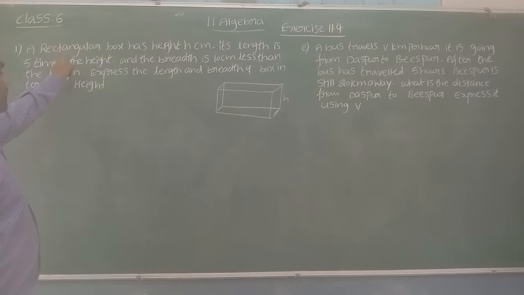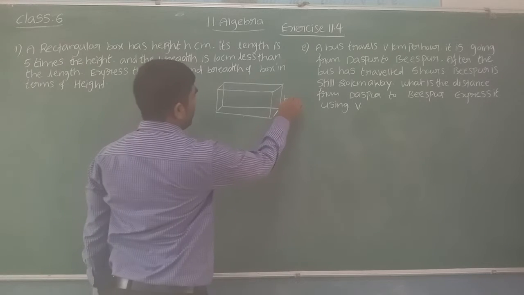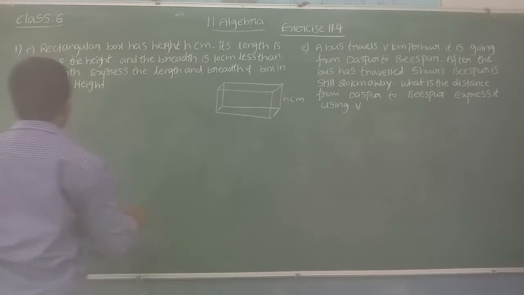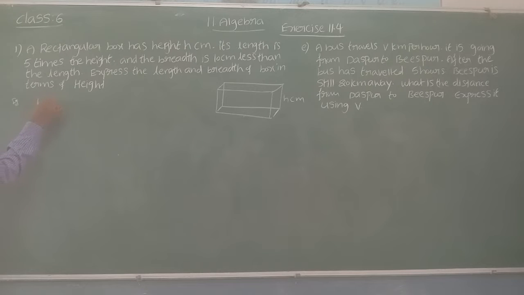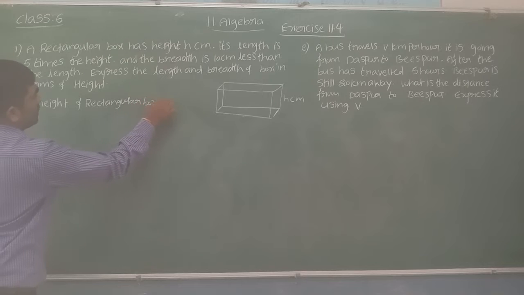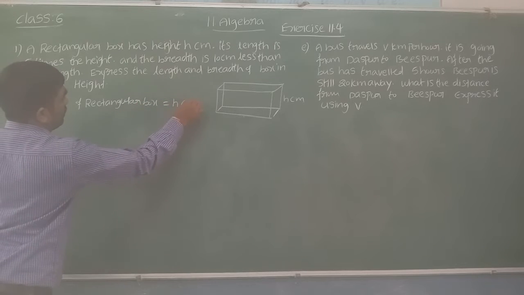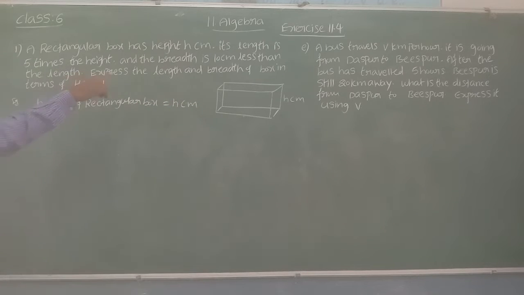In the question they said rectangular box has height h centimeter. What is the height, beta? h centimeter. We write here height of rectangular box is equal to h centimeter. Now what is the length, beta? Length is 5 times the height.